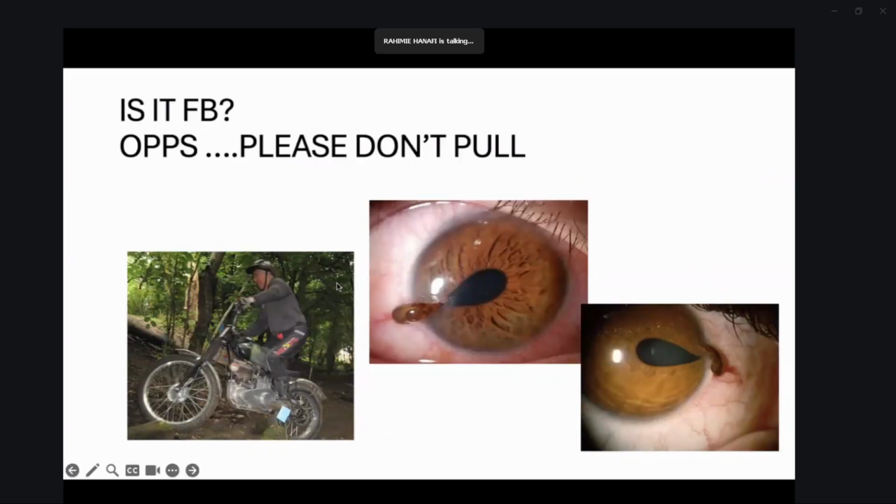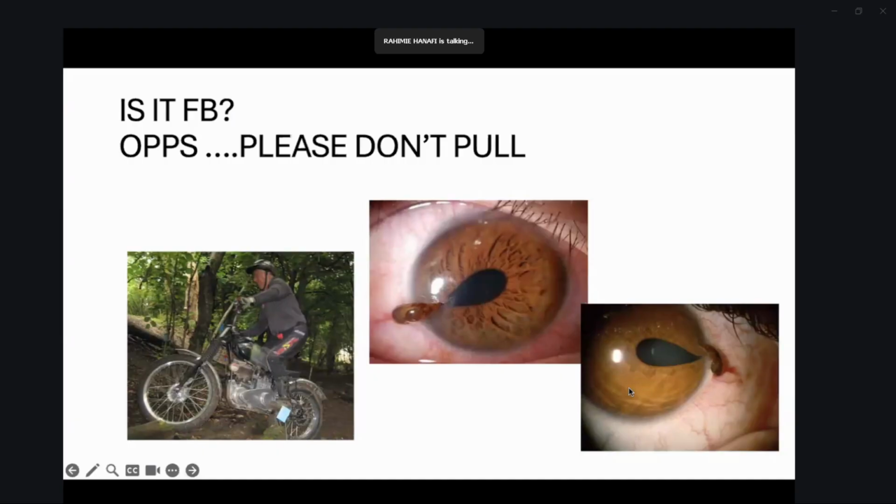This is also quite a common scenario: skidding off a bicycle or motorcycle into the bush. When they come up, they feel some pain in the eye, and they went to the clinic, and it seems like something on the cornea. Before we do something, please think first and properly examine.